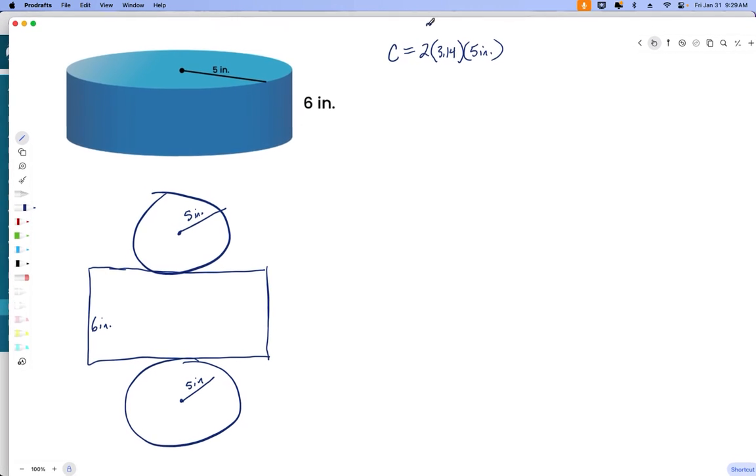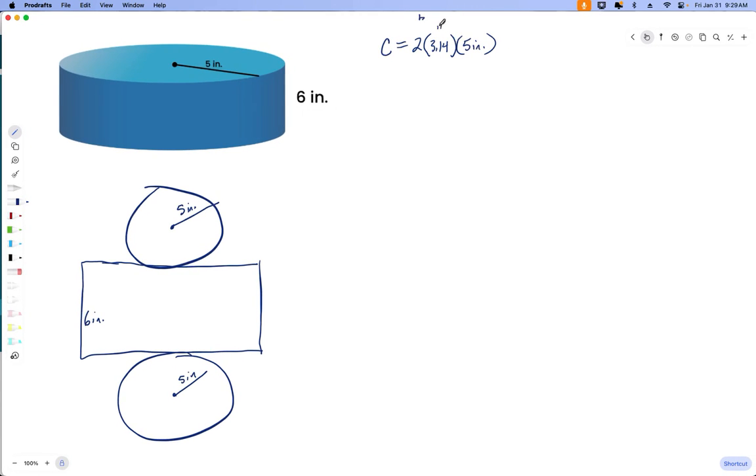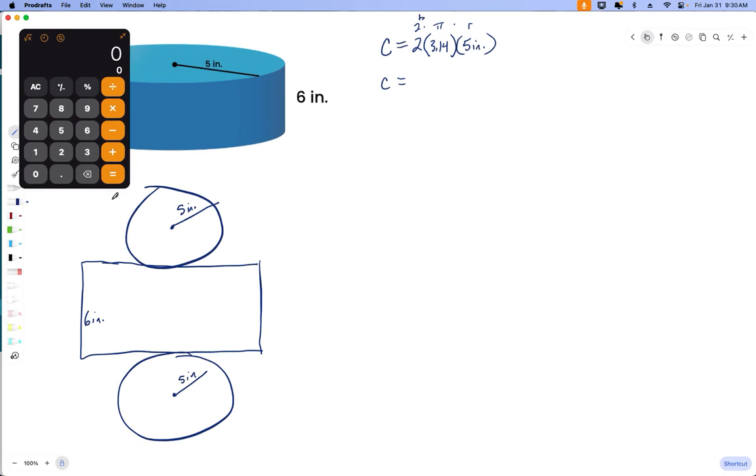So 2 times pi times the radius. That's our formula. So now we just have to do that calculation to find our circumference. So I pull out my calculator and I say 2 times 3.14 times 5. That's 31.4. So 31.4 inches goes here.